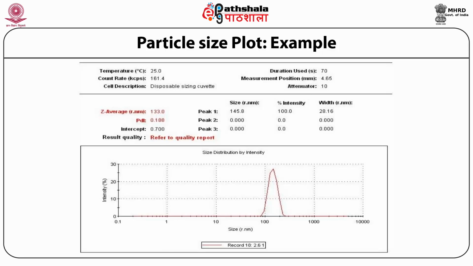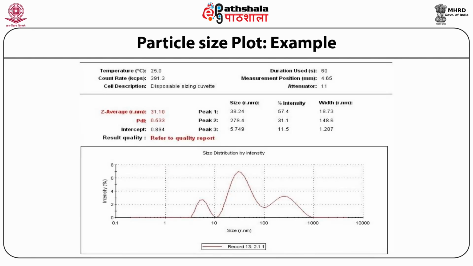PDI is 0.188, and the number of peaks which appear will give us detail on peak 1, peak 2 or peak 3. Since in this sample we have obtained peak 1, which has a size of around 145 nanometer with 100% intensity, and width is around 28.16 nanometer. So this is the way we can analyze the samples generated using the Zetasizer.